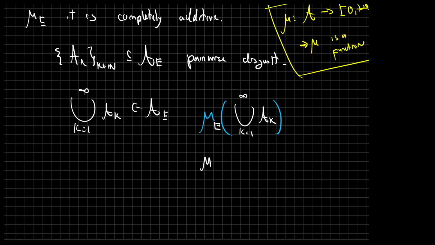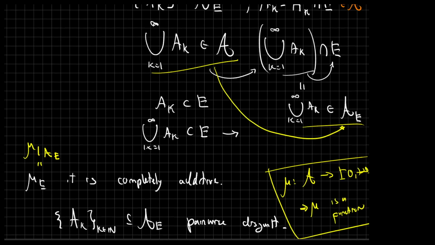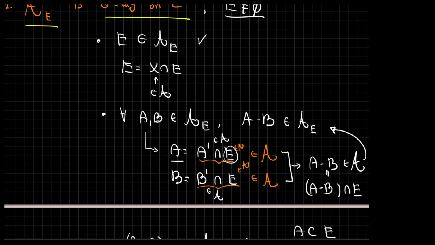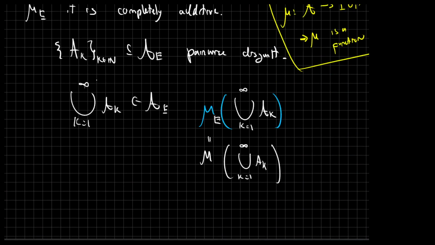This is by definition equal to mu of this set, and given that they are elements of this, as we have checked time and time again, this is equal to some element of the sigma algebra intersected with this, which is also an element of the sigma algebra.